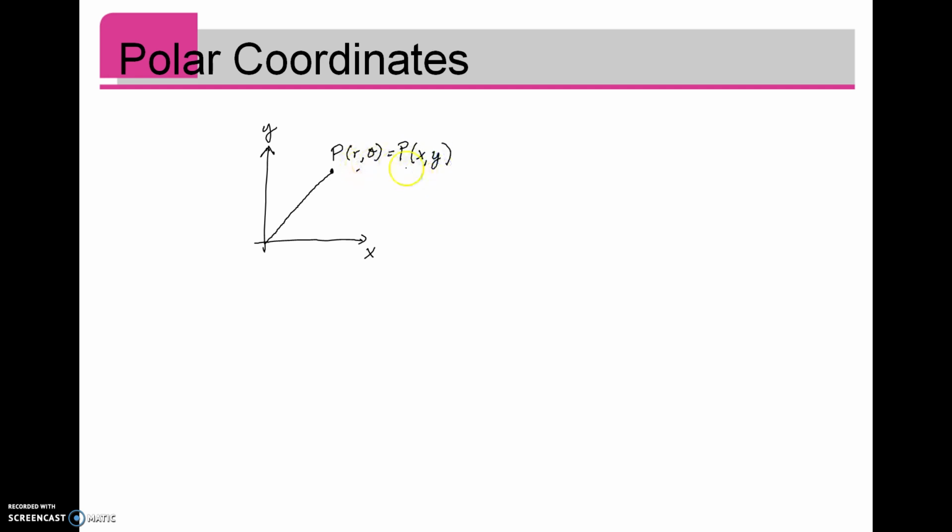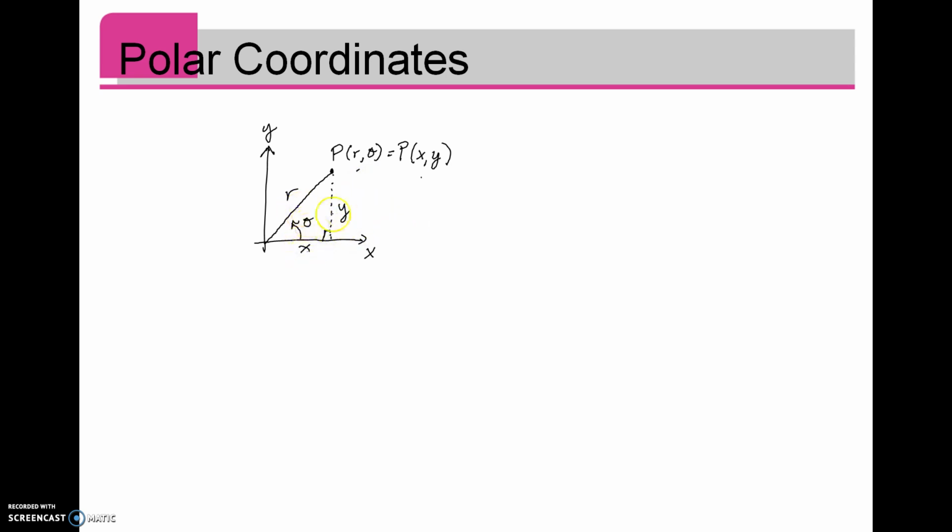So how do we go back and forth between the two? Well, let's just drop down, get a 90-degree angle, so a right triangle here. We've got r, y, and theta, and this will be our x value.